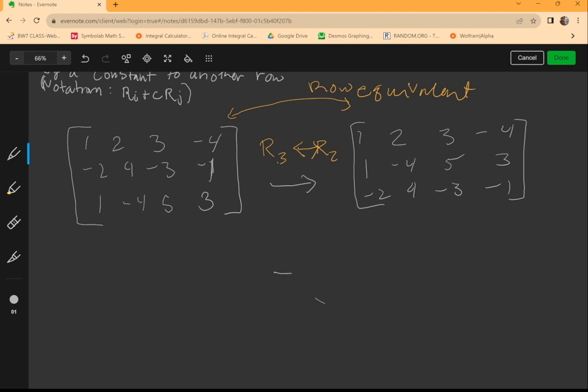So now let's illustrate another one. How about we illustrate, let's say, negative 2 times R3. Okay, so now in my new matrix, I'm going to take the third row and I'm going to multiply the whole thing by negative 2.